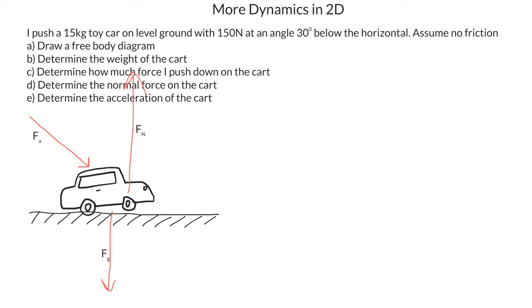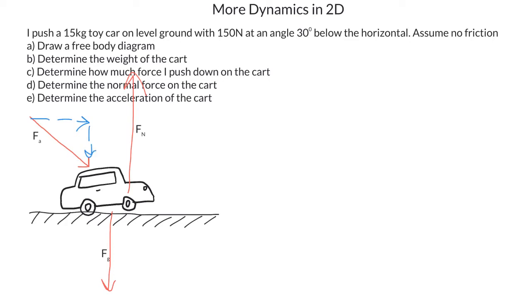But I'm going to add one more piece here. I can recognize that this force here is on an angle. And so what I'm going to do is I'm going to draw in the components of this angle. So really what's happening is that I am pushing somewhat to the right and somewhat down.